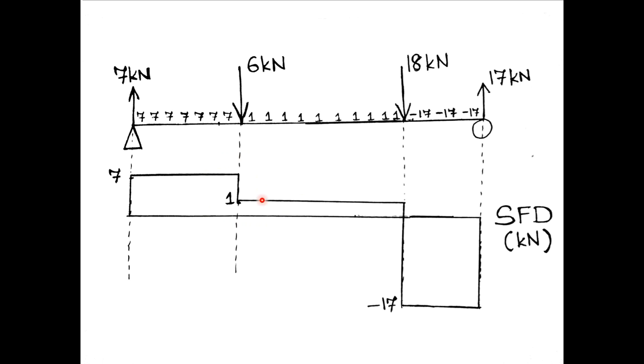These are the critical points. Here 7 just before the 6 kilonewton, just after 6 kilonewton 1. Here just before the 18 kilonewton 1 kilonewton, just after 18 kilonewton minus 17 kilonewton. This is the shear force diagram.